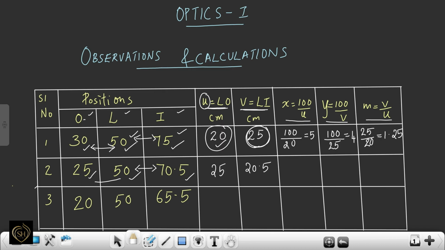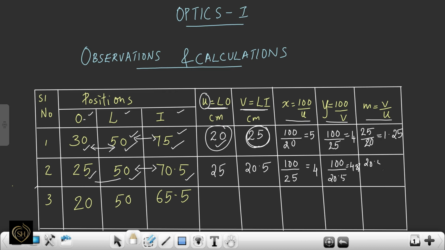Then X is 100 by U. 100 divided by 25 is 4. And next is 100 by V. 100 divided by 20.5 is 4.87. Then the final column M is equal to V by U.